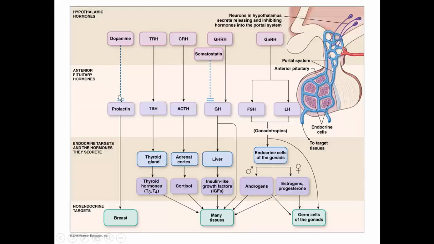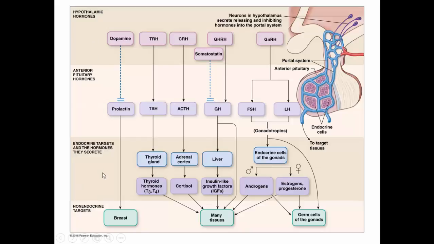In the dotted line, you'll see inhibiting hormones, dopamine and somatostatin, and in the solid black arrows are the releasing hormones. Then in turn, these are the hormones that the anterior pituitary secretes that are under control by the releasing and inhibiting hormones.